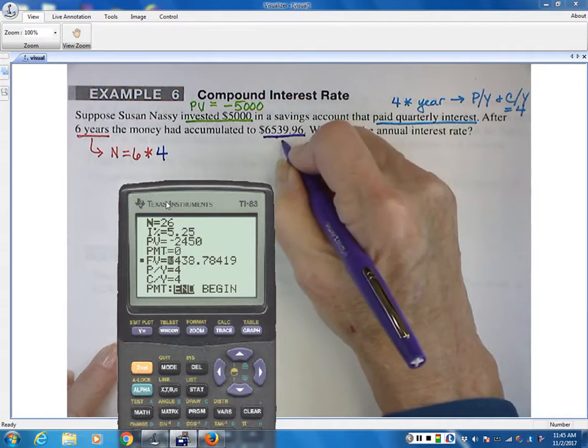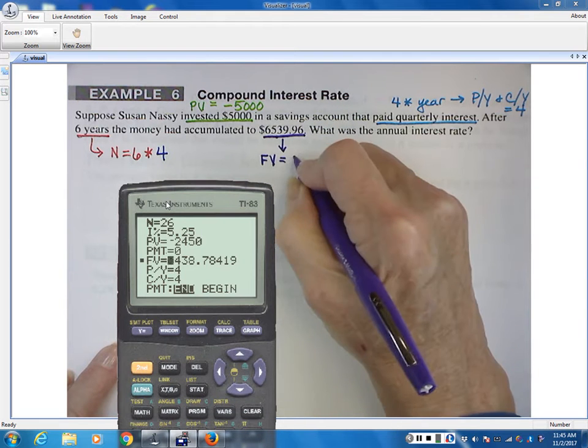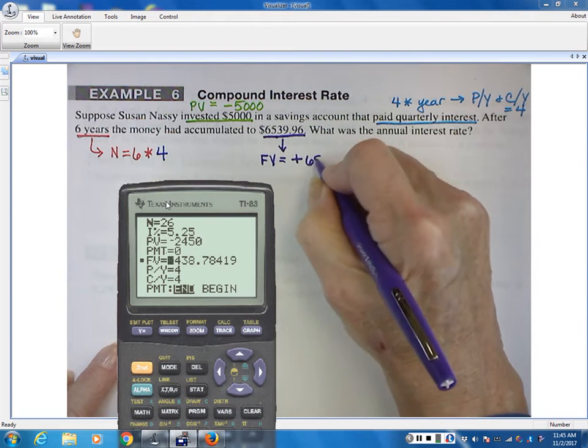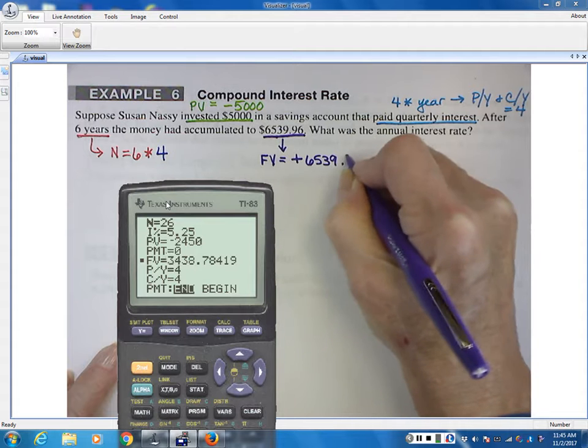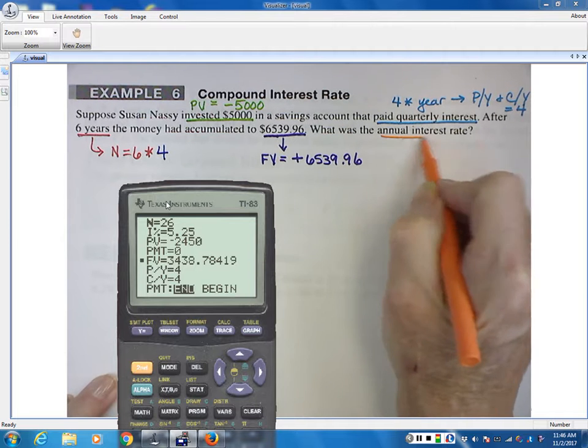That's her future value. So the question that they're going to ask us now is not one that would be easily arrived at if we had to actually calculate this formula ourselves. It would be very frustrating. What was the annual interest rate?